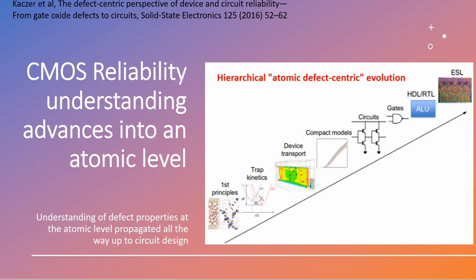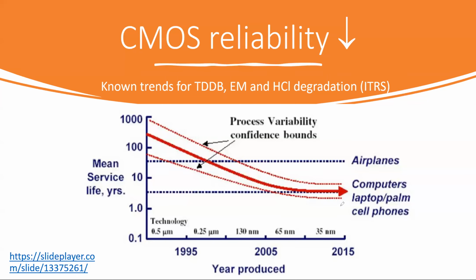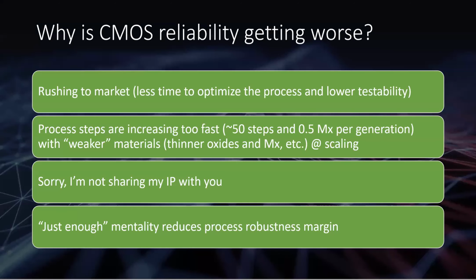But is there anything we can do about it? Well, it still has a problem because even though you know what's going on, you can only do so much to make the device better. Because, as I mentioned, you're rushing your product to market, generation by generation, in 1 year. 14, 15, everything is almost only a year apart.